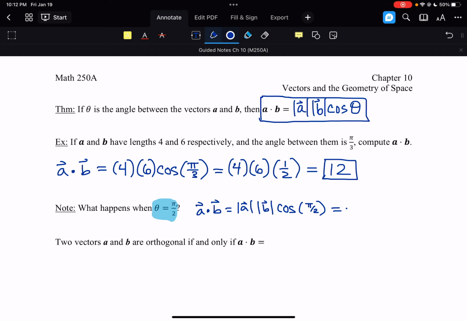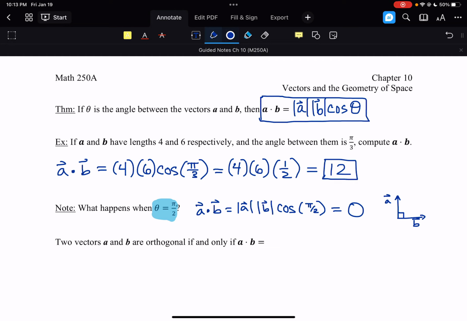Cosine of pi over 2 is 0. So you take the length of A times the length of B times 0, and we just get 0. So when the angle between two vectors is pi over 2, when it forms that right angle between A and B, then that's going to produce a dot product of 0.